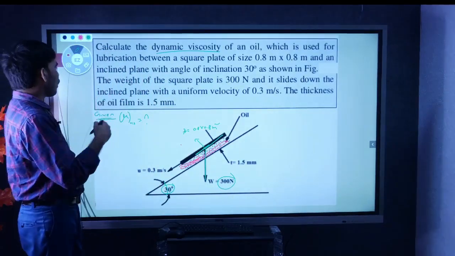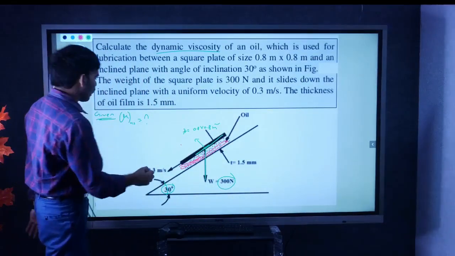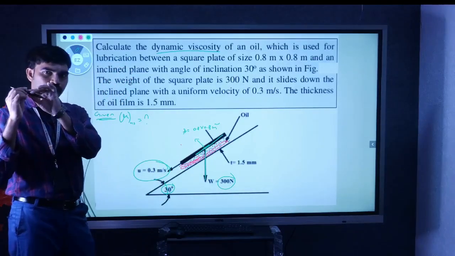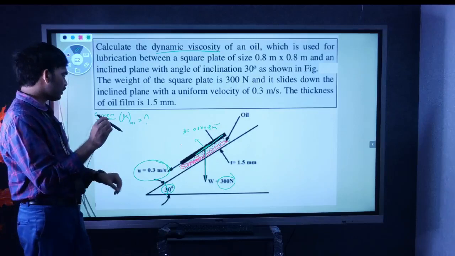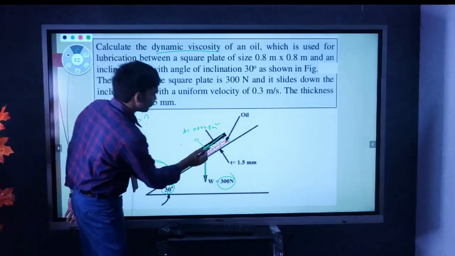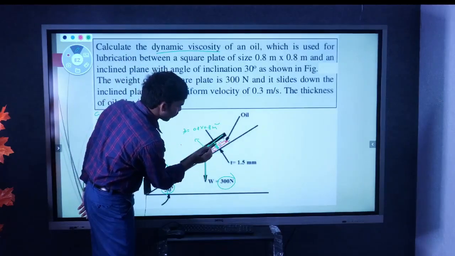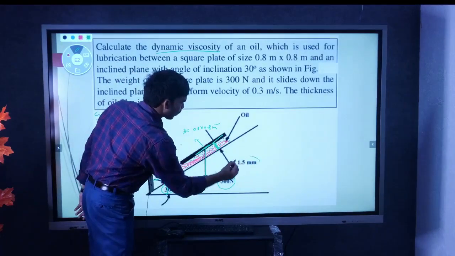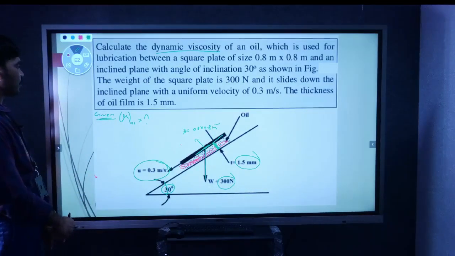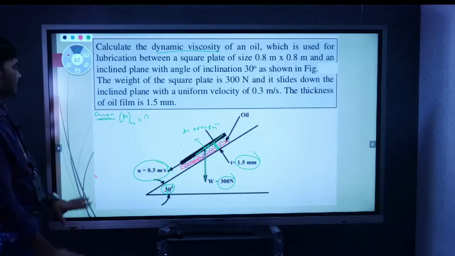And it slides down the inclined plane with a uniform velocity of 0.3 meter per second. So the plate is moving down with a velocity of 0.3 meter per second. The thickness of the oil film is given as 1.5 mm. Okay, this is the data given.